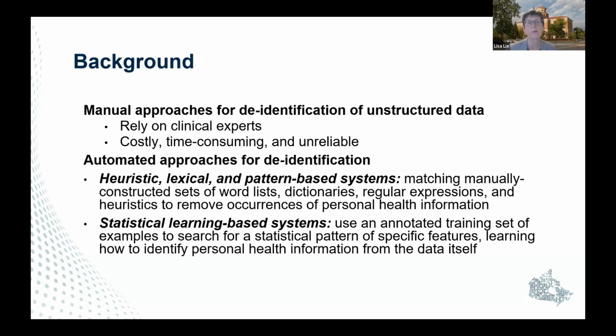And if we were doing that in a manual process, we could have clinical experts or others who are really familiar with the data in order to be able to do this. We can understand that that would be a very costly and time-consuming process. And it's been estimated that for the volumes of unstructured data that might exist in repositories across Canada, or that potentially might be made available to repositories, because at this point, some repositories don't even have access to unstructured data, in order to de-identify, it would be an extremely time-consuming process.